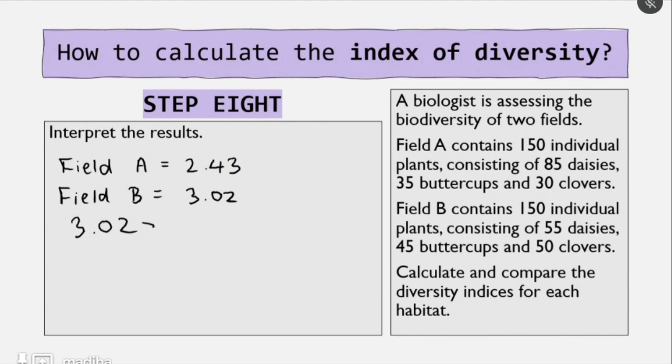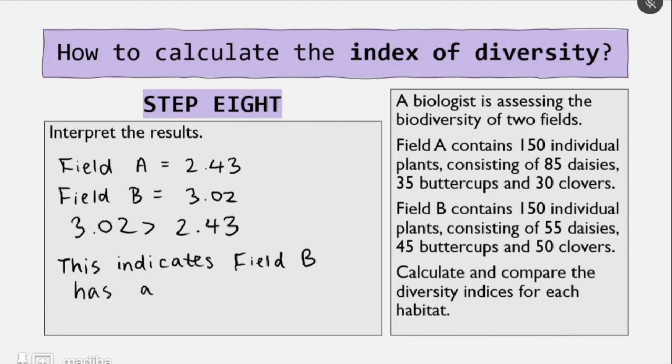So what does this suggest, or what does this indicate? You wouldn't say this definitely means that field B is this. You'd say, this indicates, or this suggests, that field B, because it has a higher diversity index, would have a higher species richness. This is the kind of language you use in the exam.